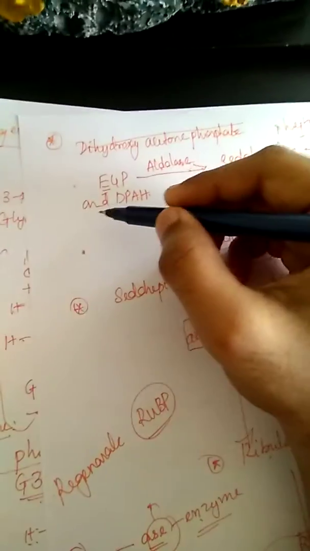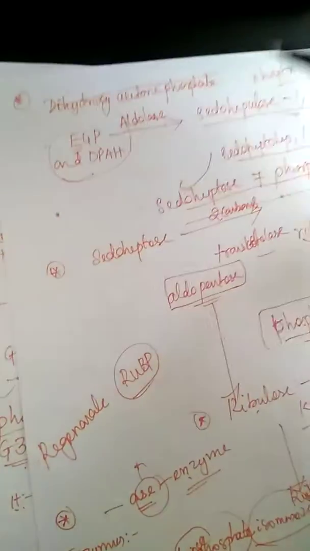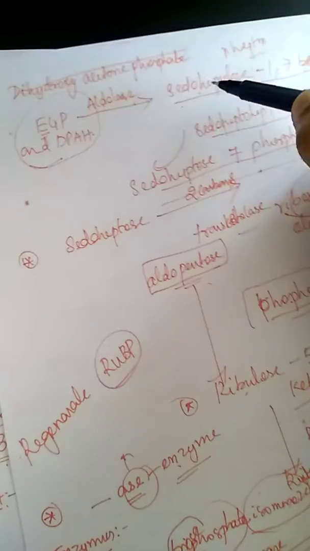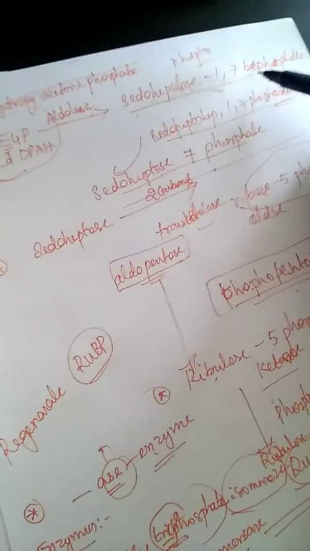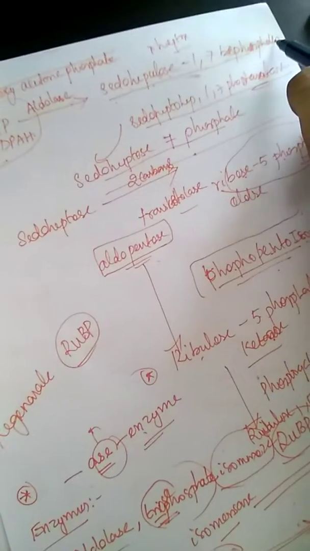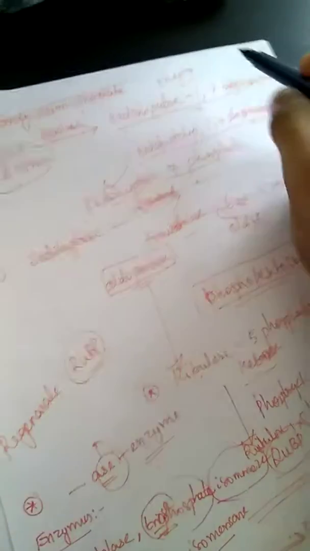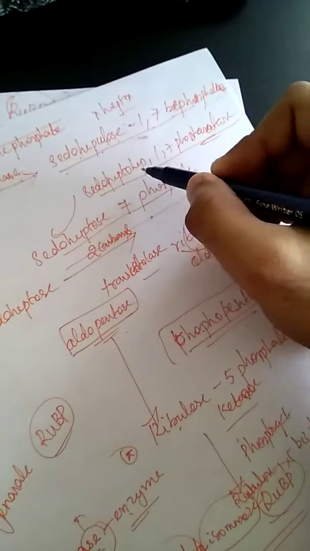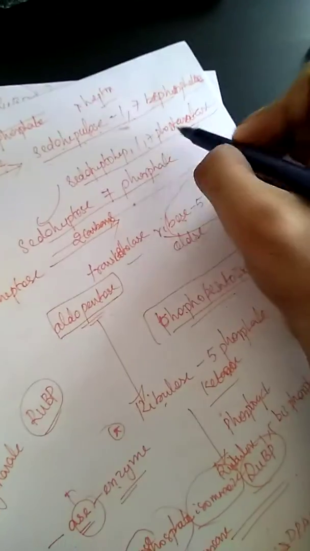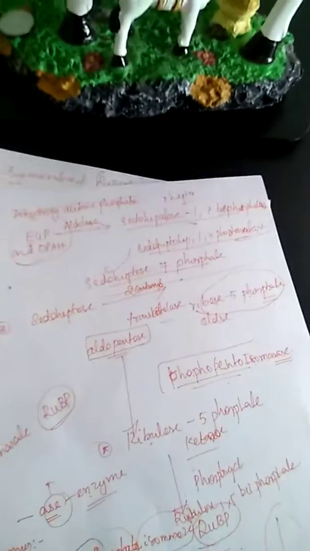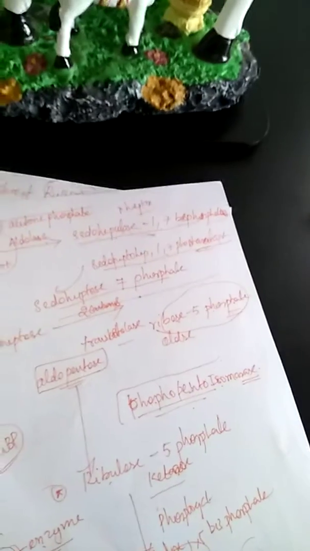We took E4P and reacted it with sedoheptulose 1,7-bisphosphatase, an enzyme which converts it into sedoheptulose 7-phosphate. So when you have -ase as a suffix, it means it's an enzyme.